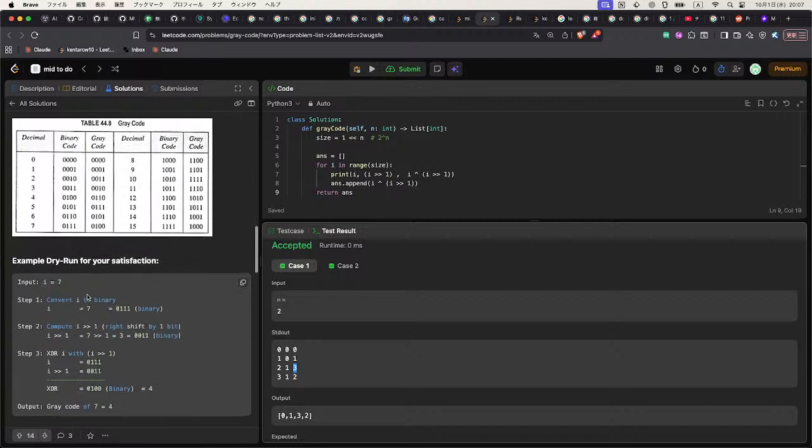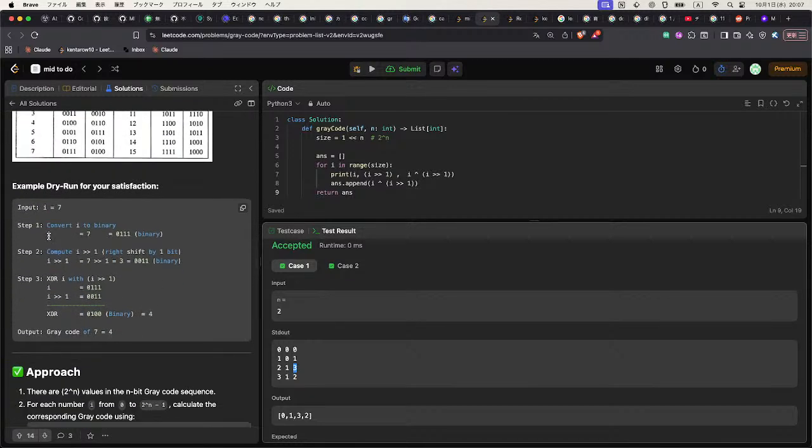Okay, so when the input is 7, we want to find the gray code of 7, and that differs from the gray code of 6.